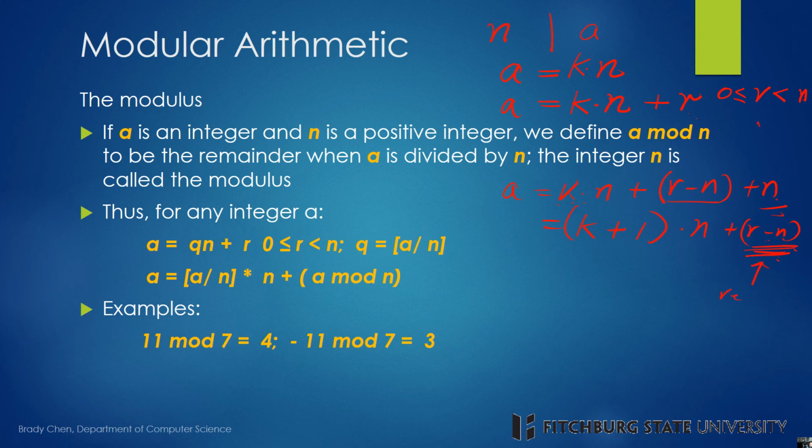So we can always make the remainder less than n. If it's greater than n, then it's not a remainder, so we can continue to divide r by n. So we can always write a as k times n plus r, where r is the remainder.